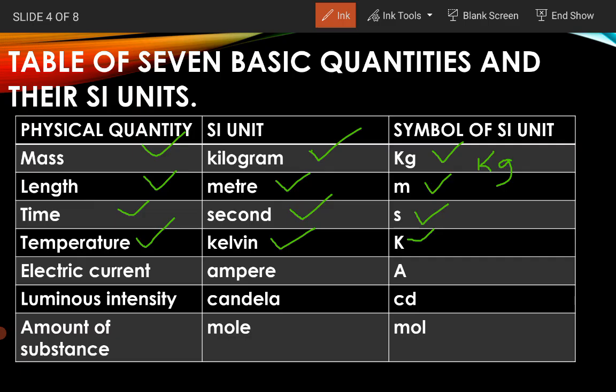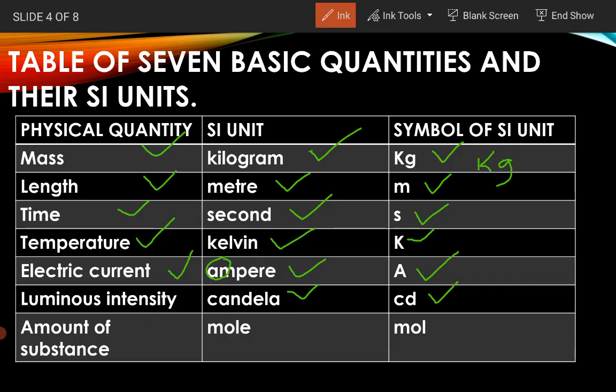Another one is electric current. Electric current is measured in the units called ampere. So the a, when you are writing this in full, has to be a small a, but when written as a symbol, it has to be a capital A. Luminous intensity is measured in units called candela, and its symbol is cd.